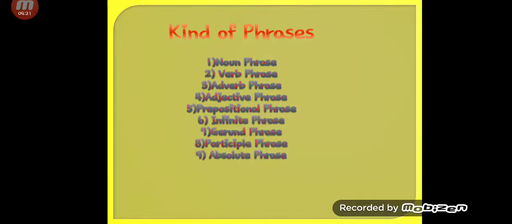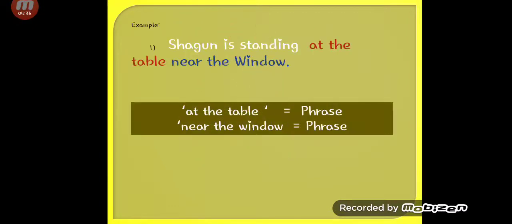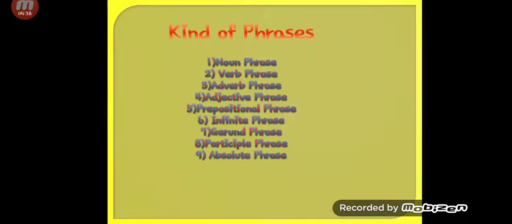Phrase has different types, the various kinds of phrases. The noun phrase consists of a noun and its modifiers. For example, she has a very nice smile.